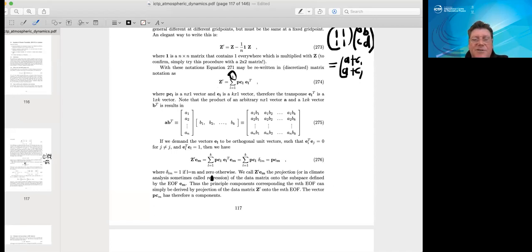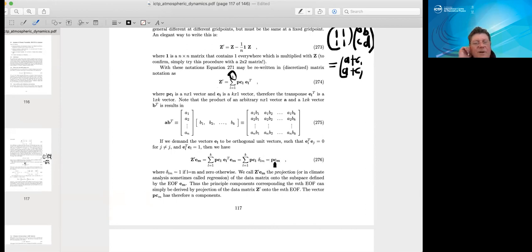With this, there's actually an interesting feature, because if we project our data, so if we multiply our data matrix with an EOF vector, then because of this orthogonal unit vector property, that gives us just a delta LM, and so that projection gives us the principal component.